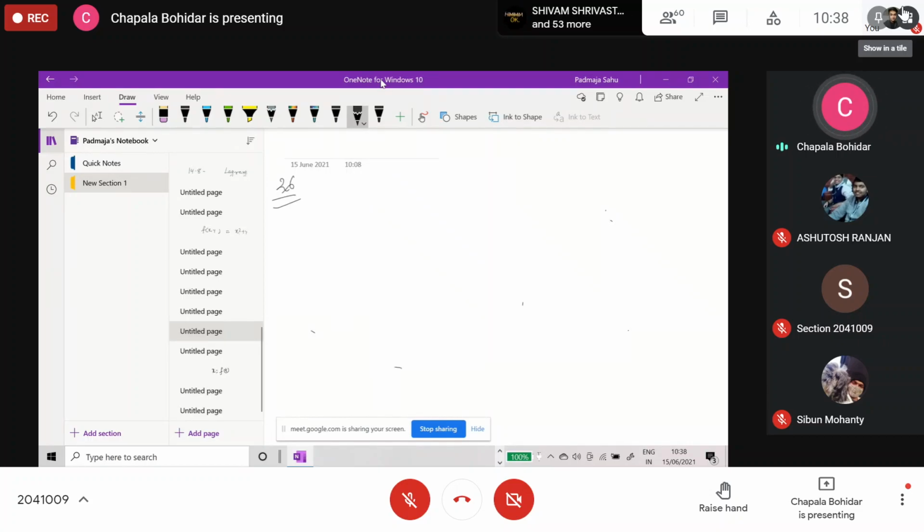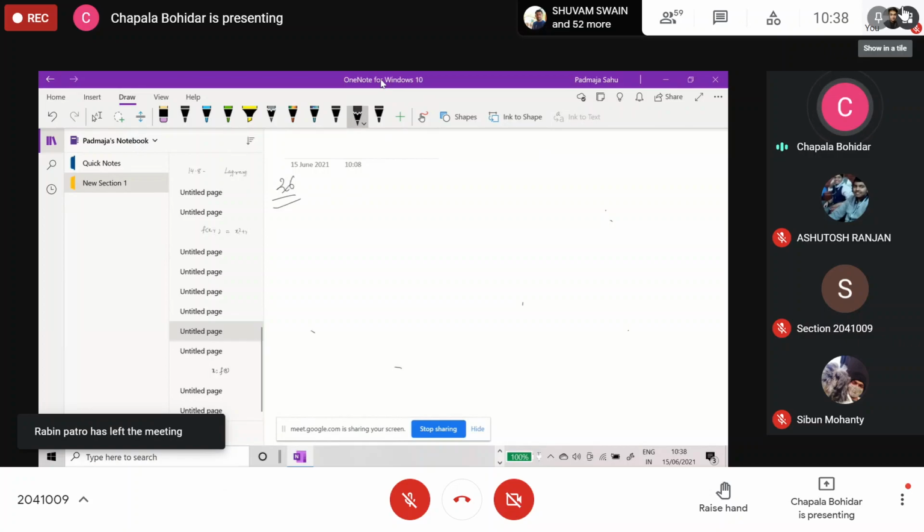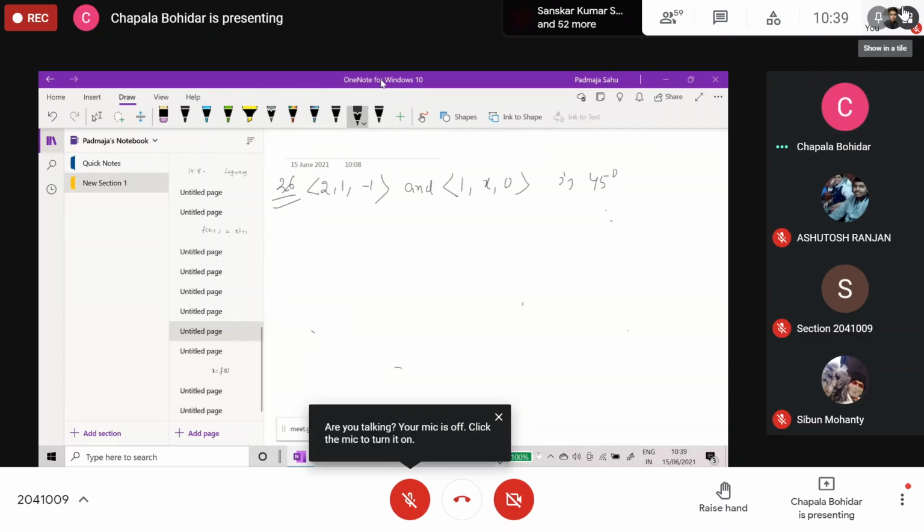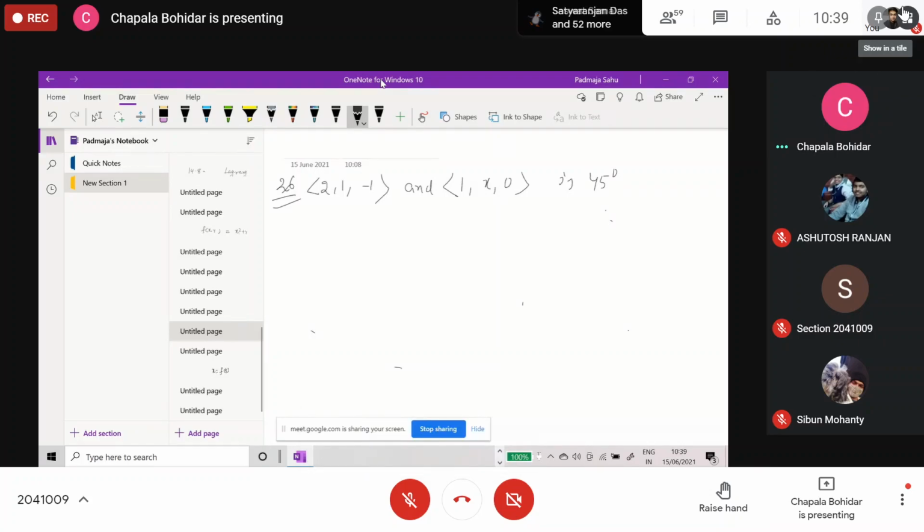Find the value of x such that the angle between the two vectors, 2, 1, minus 1 and 1, x, 0, is 45 degrees. Find the value of x. Do it yourself.